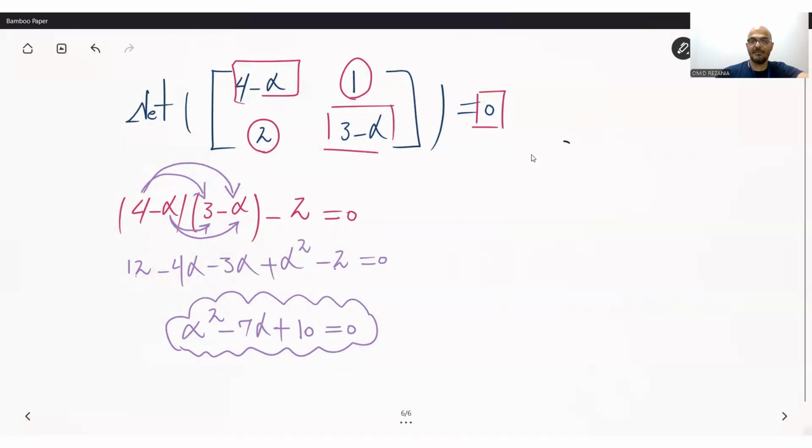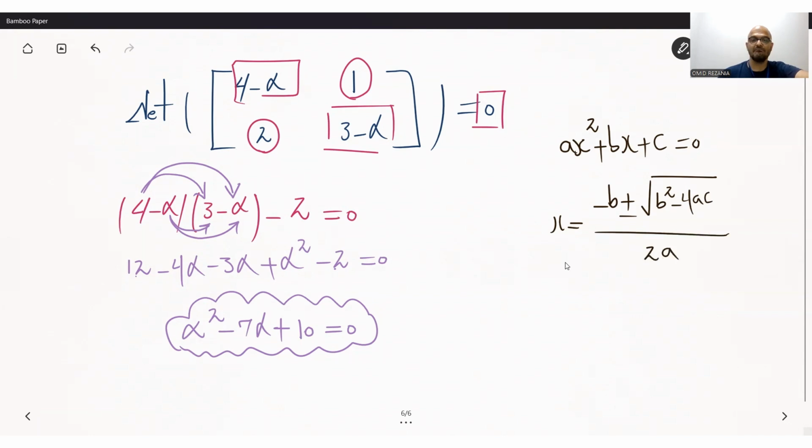Remember, we're going to do this and finish it today. ax squared plus bx plus c is the general format of a quadratic equation. x equals minus b plus or minus square root of b squared minus 4ac, divided by what? 2a. Everyone had this before, huh? High school or middle school.